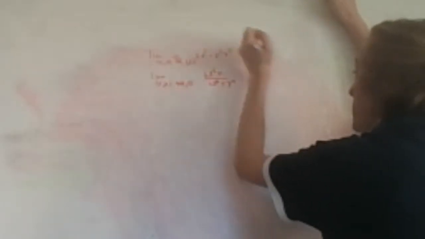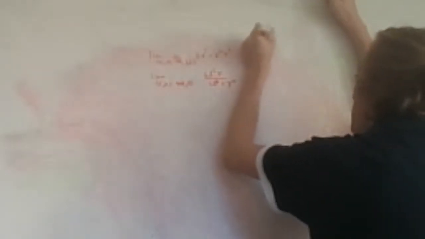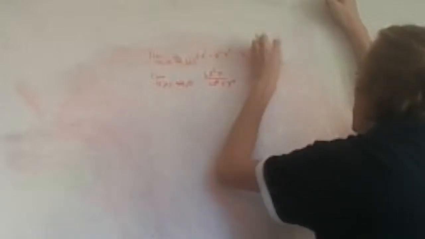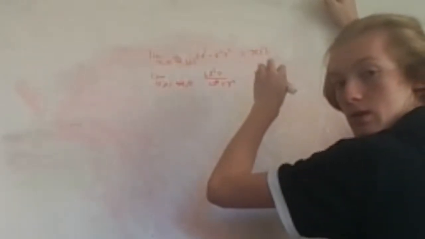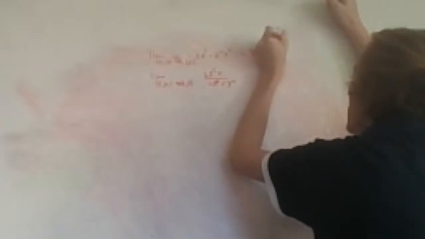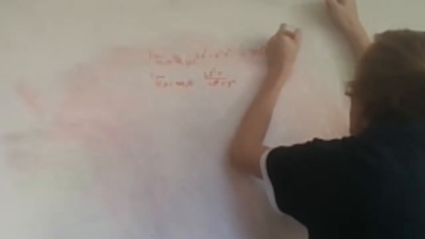Okay. So this first one is pretty easy. We just plug in values because there's no indeterminate form, so it's going to be 7 times 1 cubed minus 2 squared times 1 squared, which is equal to 7 minus 4, which is 3.